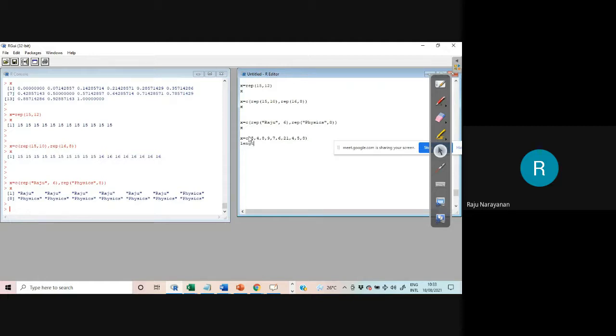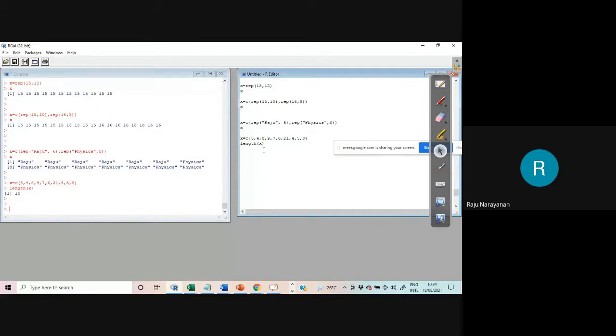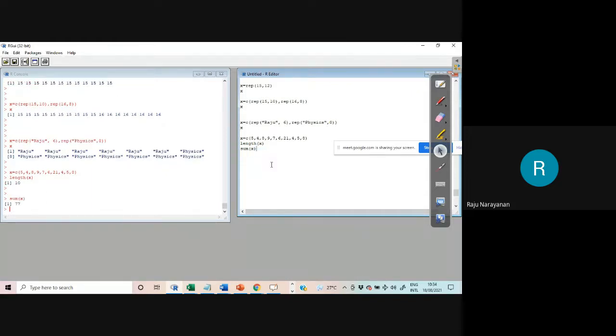Length will give you the number of elements in that vector. 10 elements: 1, 2, 3, 4, 5, 6, 7, 8, 9, 10. Sum will give you the sum of the elements. You just recall C programming: first you put sum is equal to 0, then for i is equal to 1 to n, sum is equal to sum plus x of i.